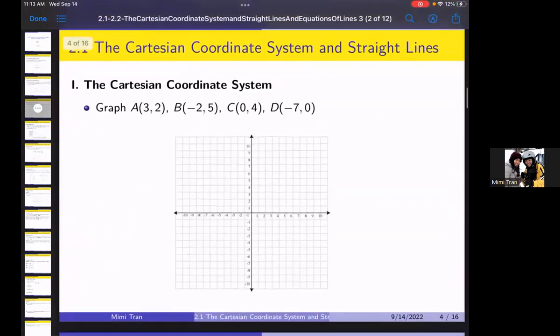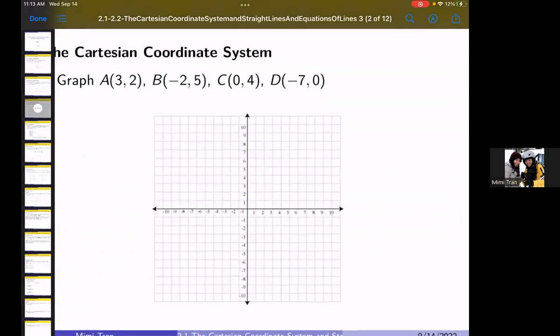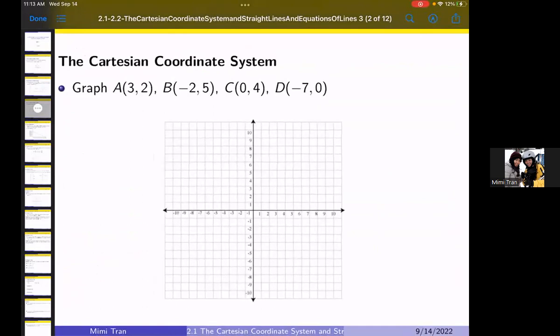So why don't you guys try to locate these points for me? Should be easy.